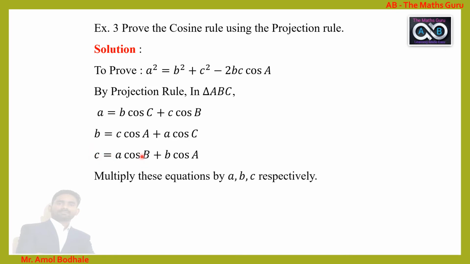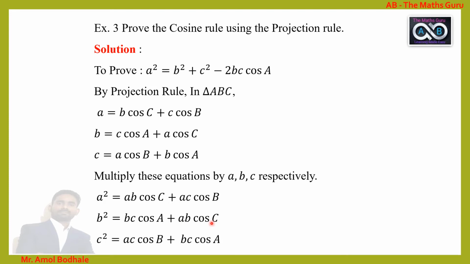So we get a square equals ab cos C plus ac cos B, b square equals bc cos A plus ab cos C, and c square equals ac cos B plus bc cos A.